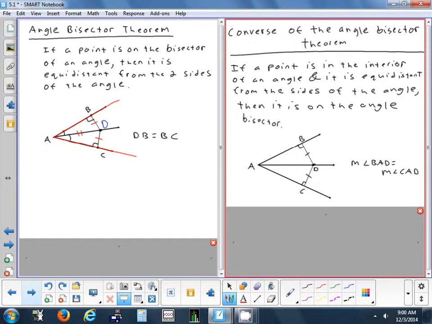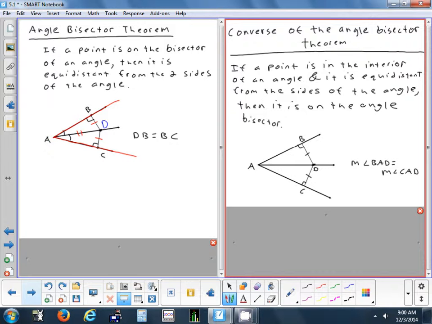So if you've got a point on the interior of an angle, and it's equidistant from both sides, then that point is automatically on the angle bisector. Why? Well, we could prove we have congruent triangles, and once we prove that angle BAD and DAC are congruent, that proves AD is an angle bisector.